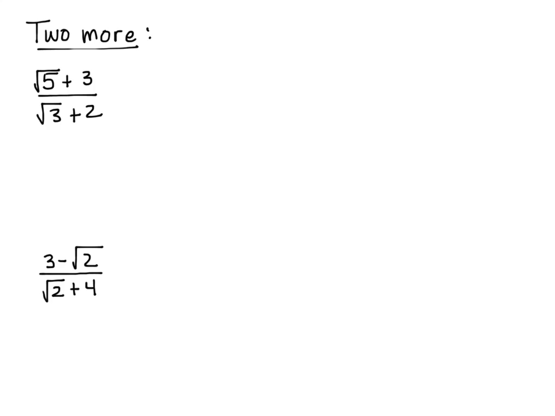So the first thing to work on, of course, is identify which of the terms is in the denominator, establish the conjugate, and then multiply from there. So why don't you go ahead and try these, we'll give you a few minutes, and see how they work out for you.